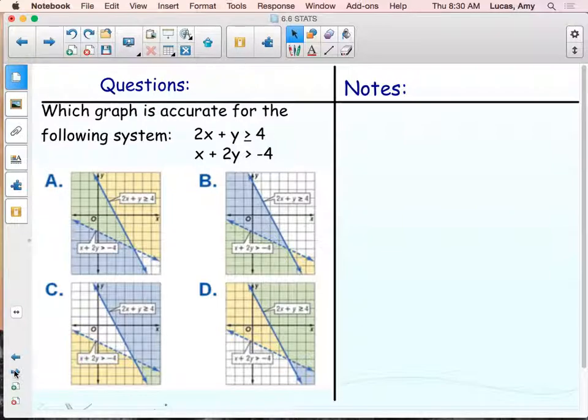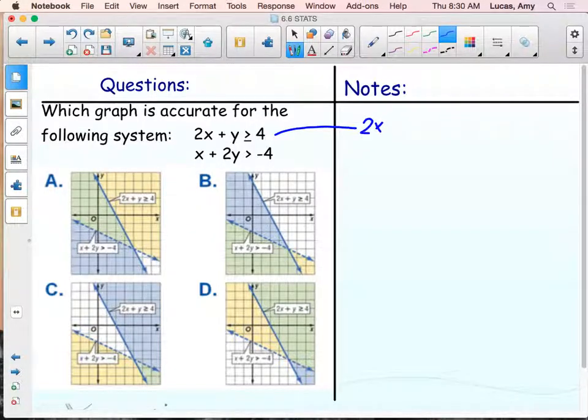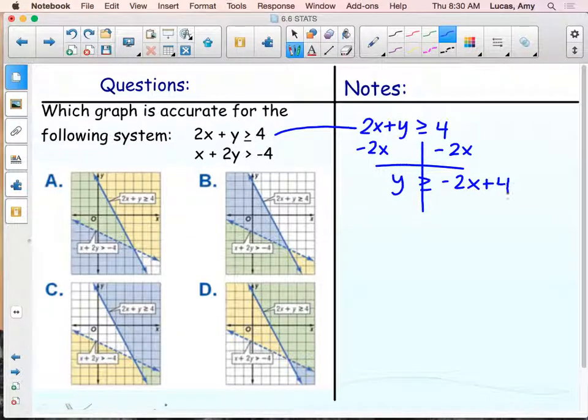So this first line right here, if I rewrite this, I would be subtracting 2x. So y is greater than or equal to -2x plus 4. So my symbol is greater than or equal to, so that means it's a solid line and it's shaded above. Solid line shaded above.